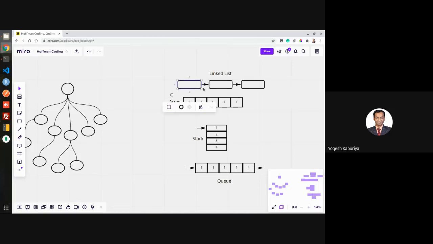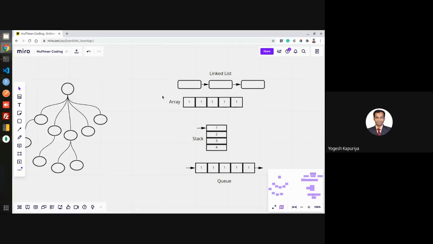And in case of a linked list, the only difference is that in case of an array, the elements are always placed together in memory as well. Here, elements are not placed together. Instead, they are linked by pointers. So they are referenced by the pointers or the links.